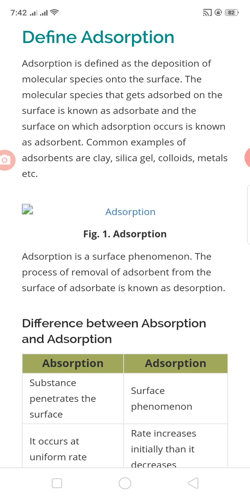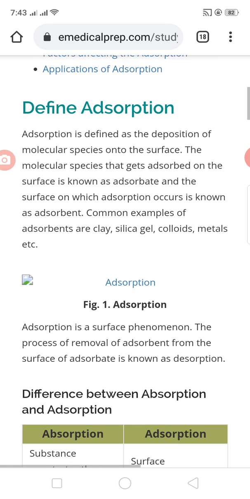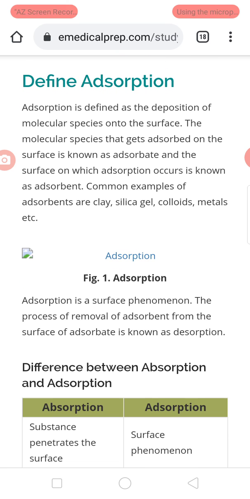Let us learn about the surface chemistry article, adsorption. First, we differentiate between adsorption and absorption. Adsorption definition.